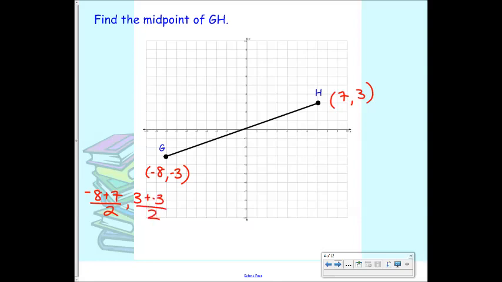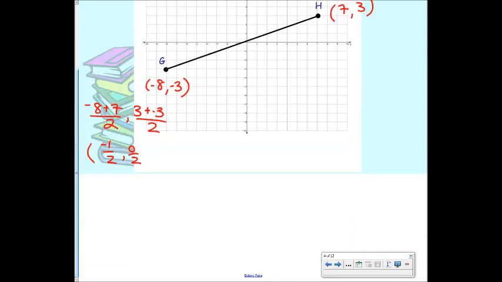What's -8 plus 7? -1. And 3 plus -3? 0. Can you simplify either of those? No. Wait, yes. Which one? -1 over 2 is the same as -0.5. You could also leave it as a fraction. And then 0 over 2 is 0. Okay. So let me go back and plot that.